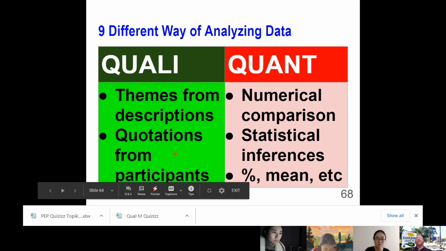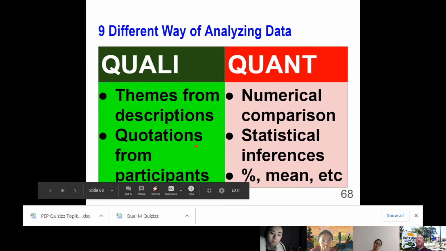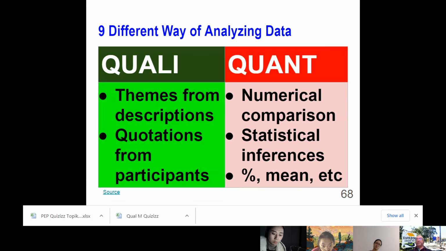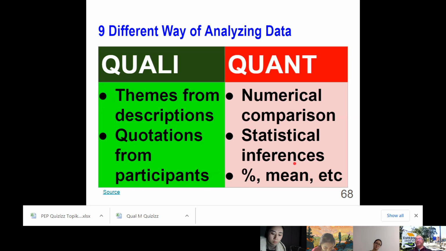Because we need to include their quotations. They may say very important things, and we need to rewrite what they have said. That's why we record the conversation. For quantitative, the way to analyze is through numerical comparison, where you have percentages or means.